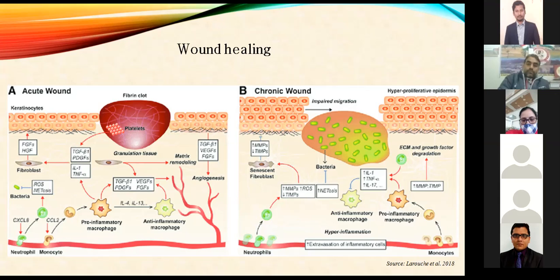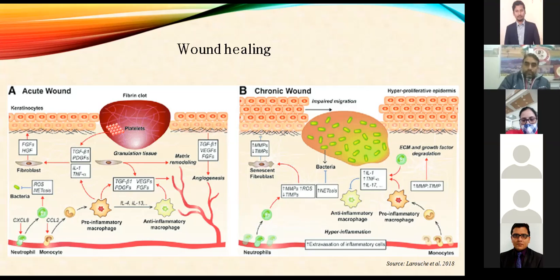The wound gets closed. But in chronic wounds, if there comes an infection or a deoxygenated condition like hypoxia, it will cause some problems in wound healing. Like there is always an extravasation of inflammatory cells to the wound site.